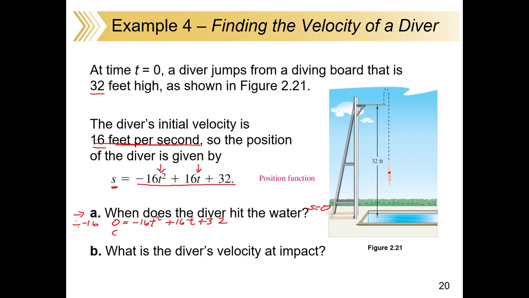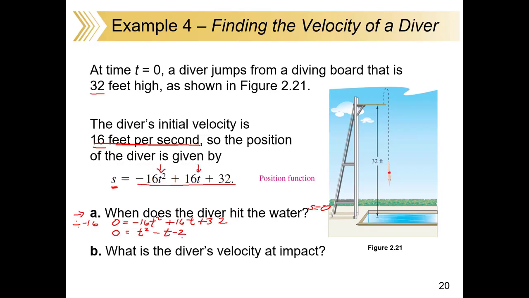So what we'll get is 0 equals, remember we're dividing by negative 16, so this becomes a nice clean t squared. Very carefully, you get a minus t, because you divide the 16 by a negative 16, you get a negative 1. Divide the negative 16 into this, you get a negative 2. Be careful about those signs.